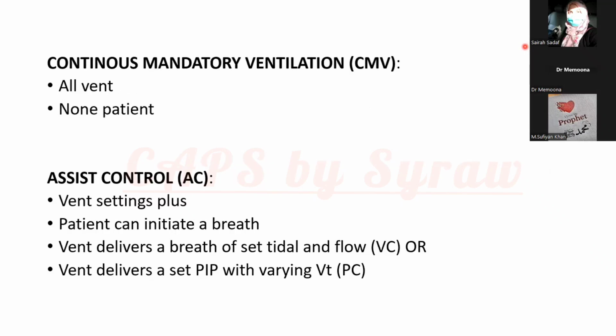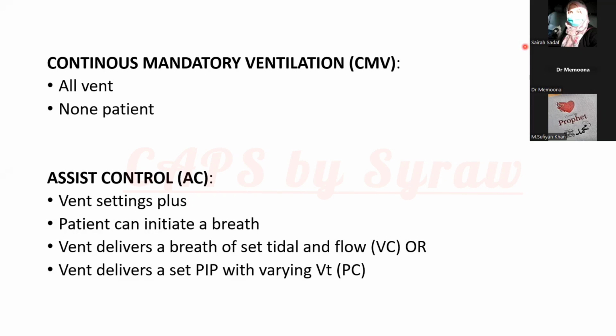So the oldest type of mode was continuous mandatory ventilation or CMV. In this mode, all the breaths are given by the ventilator. This mode has total control to the ventilator. The patient cannot initiate or deliver a breath by itself; even if the patient tries to, the vent does not allow it.